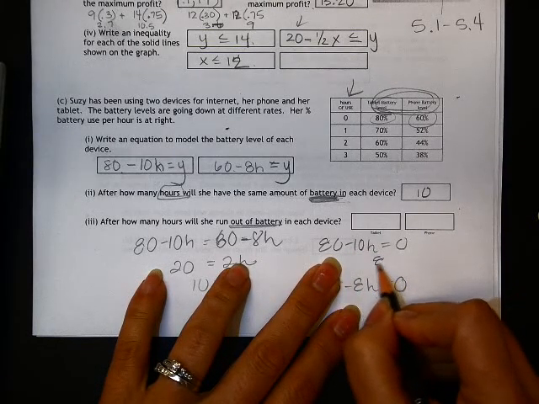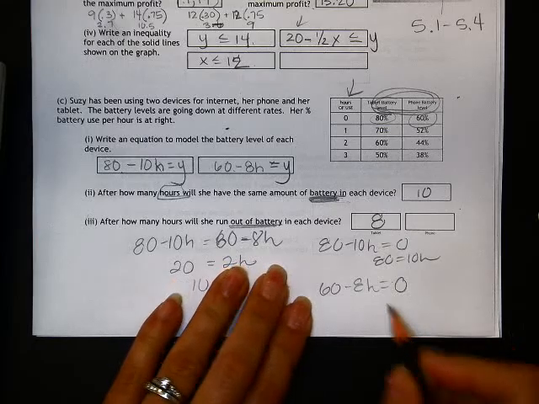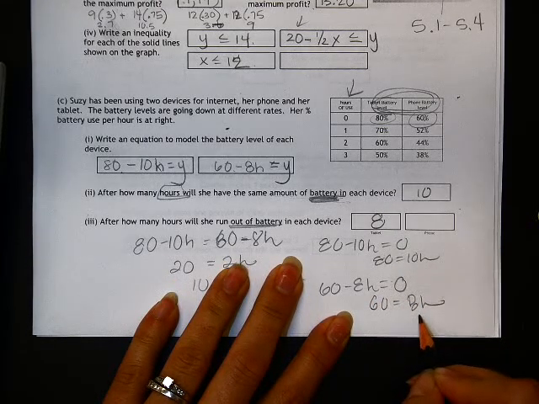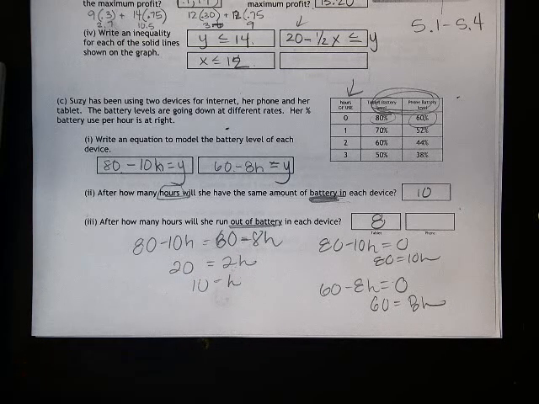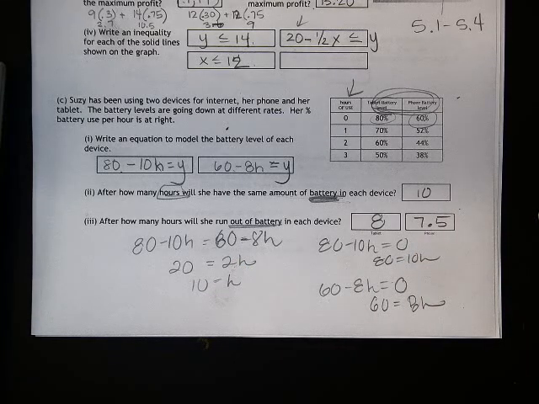So this would be what? 80 equals 10h, so in 8 hours for our tablet. And this is 60 equals 8h. So what is 60 divided by 8? In 7.5 hours. So hopefully with a little practice, you'll start to feel a little bit more comfortable with this.